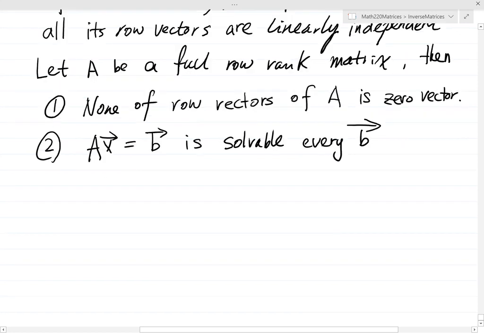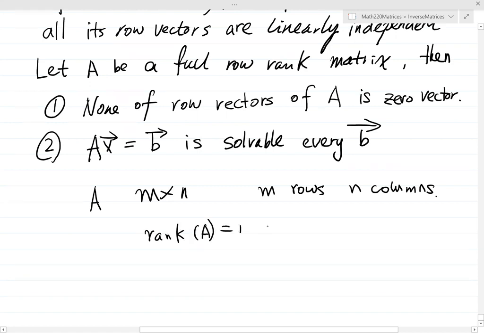Now suppose we write A as an m by n matrix, m rows and n columns. It has full row rank, so the rank of A is m, which is the minimum of m and n.